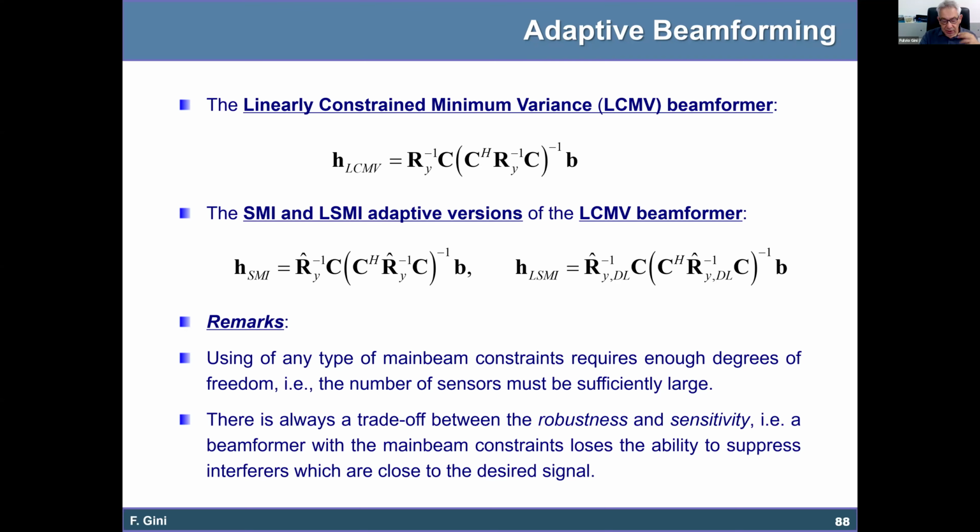And so the fewer degrees of freedom you have to shape properly the side lobes. So the choice of the constraints and the number of constraints is a trade-off between different needs: the need of shaping the main beam, and the need of maintaining low the side lobes.